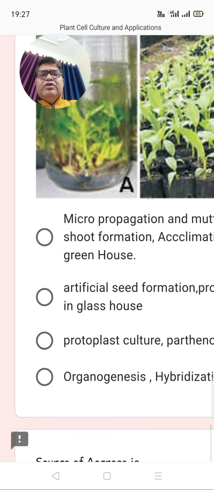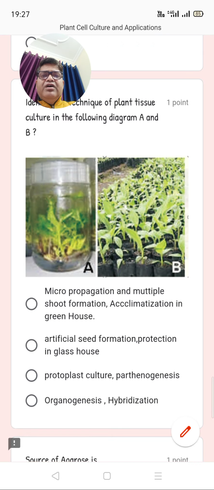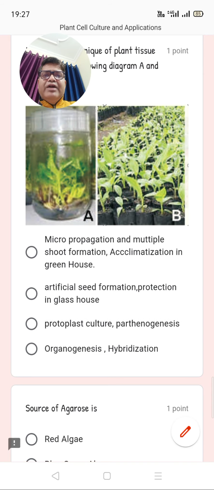So try to observe the choices of your questions, that is micropropagation and multiple shoot formation, acclimatization in greenhouse. So right side, that is the greenhouse, and in the left side we are going to proliferate the plant numbers through proliferating the stem formation, and further we segregate it after root development.